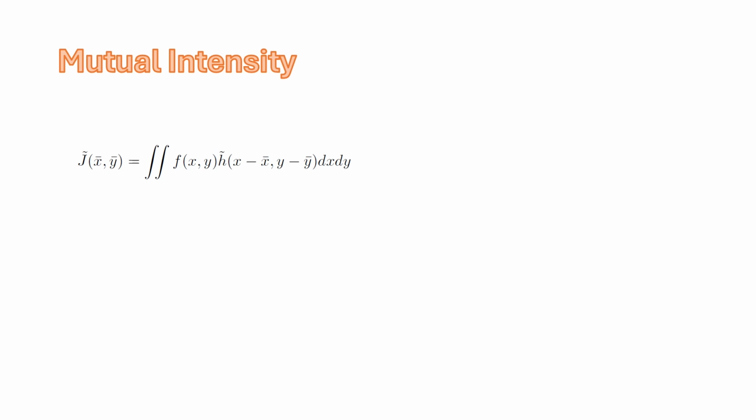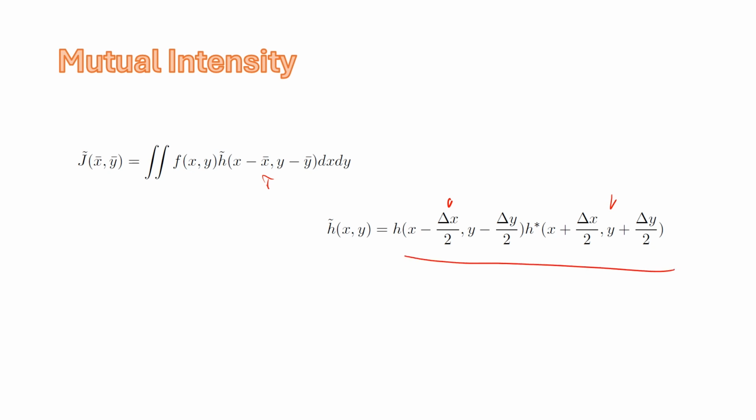Well, we're interested in the mutual intensity function, which has this impulse response, but this impulse response is the product of the coherent impulse response shifted by this delta x, delta y. So if we take the Fourier transform of this function, functionally, the Fourier transform of this shifted function with respect to delta x is the ambiguity function of the impulse response.